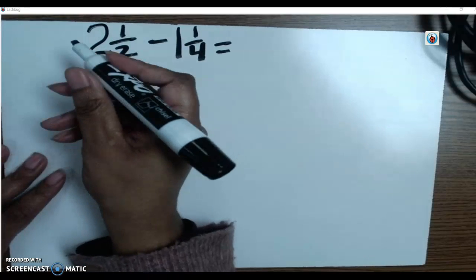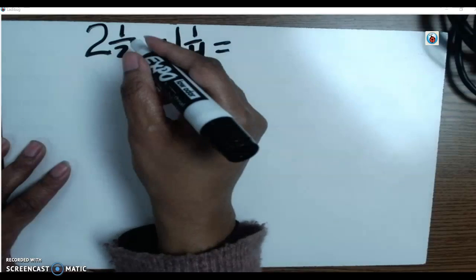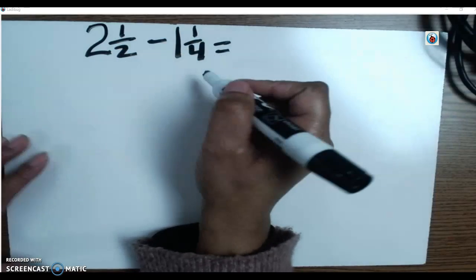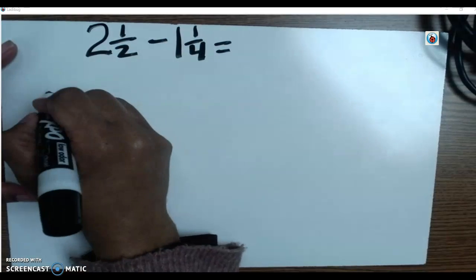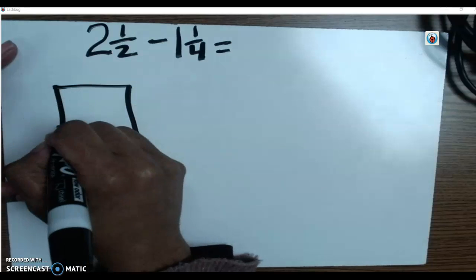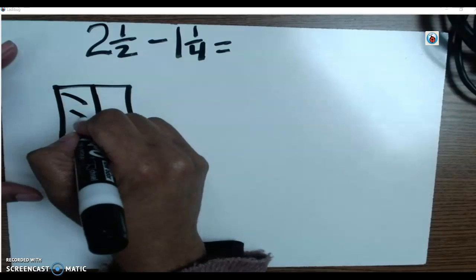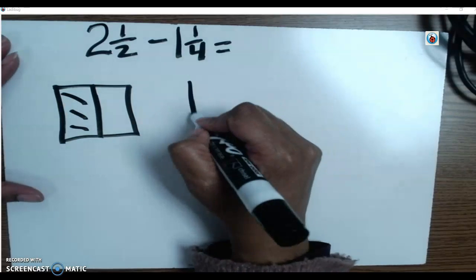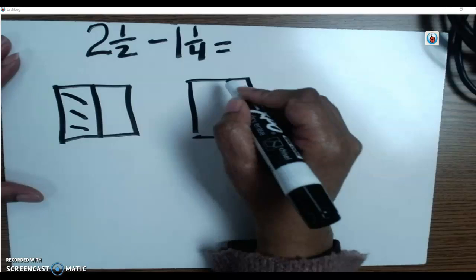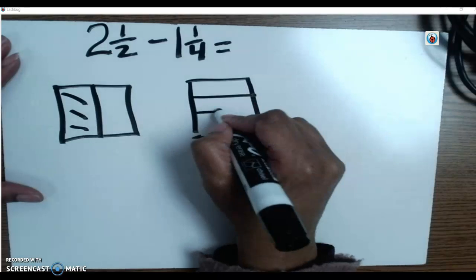So I'm going to start with our fractions. I'm going to create my half, and I'm going to create my 1/4.